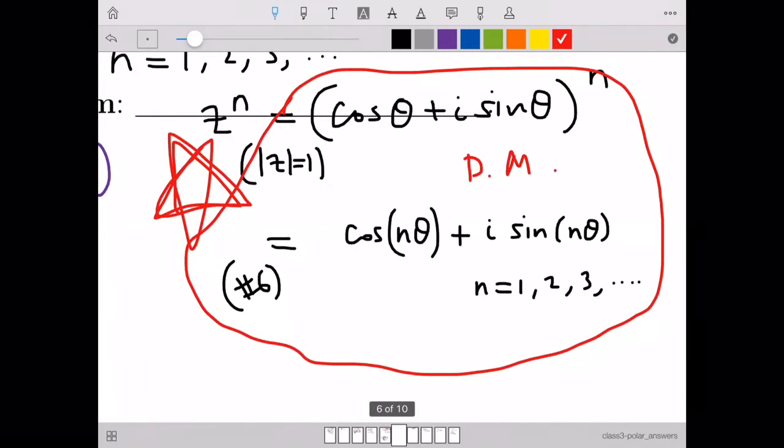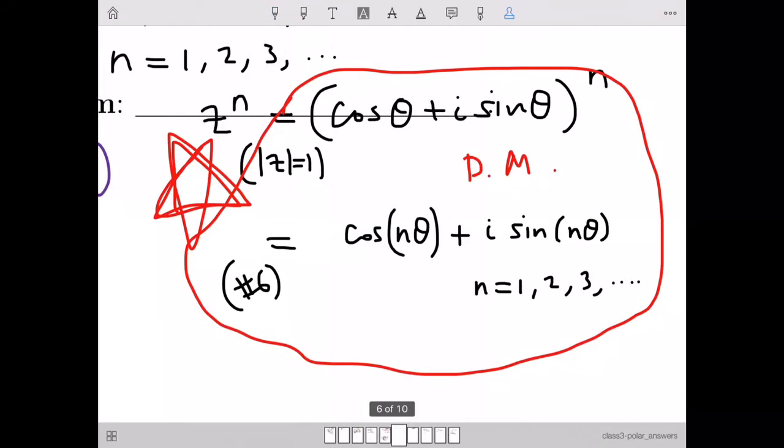DeMoivre's theorem. All right, memorize.